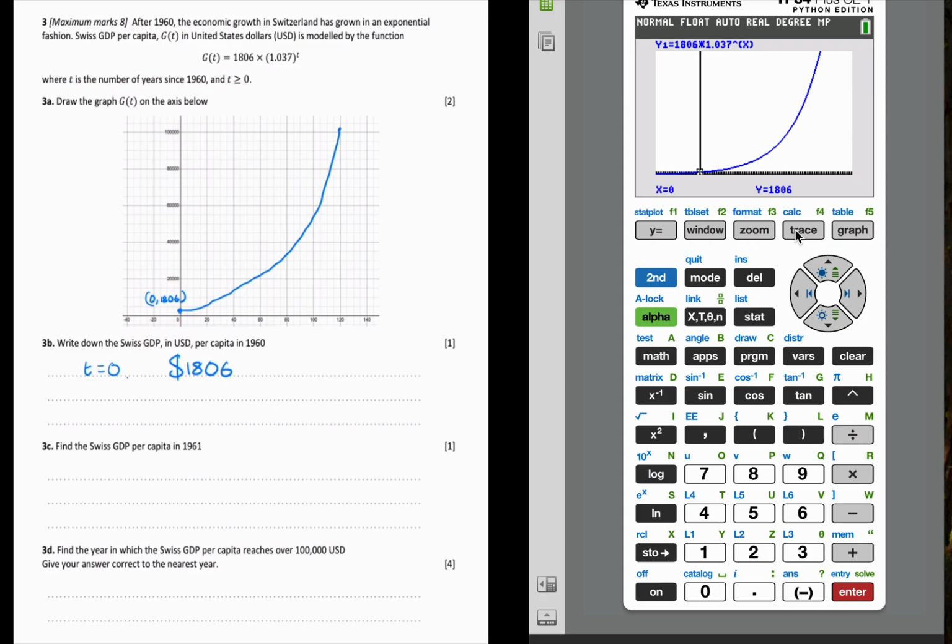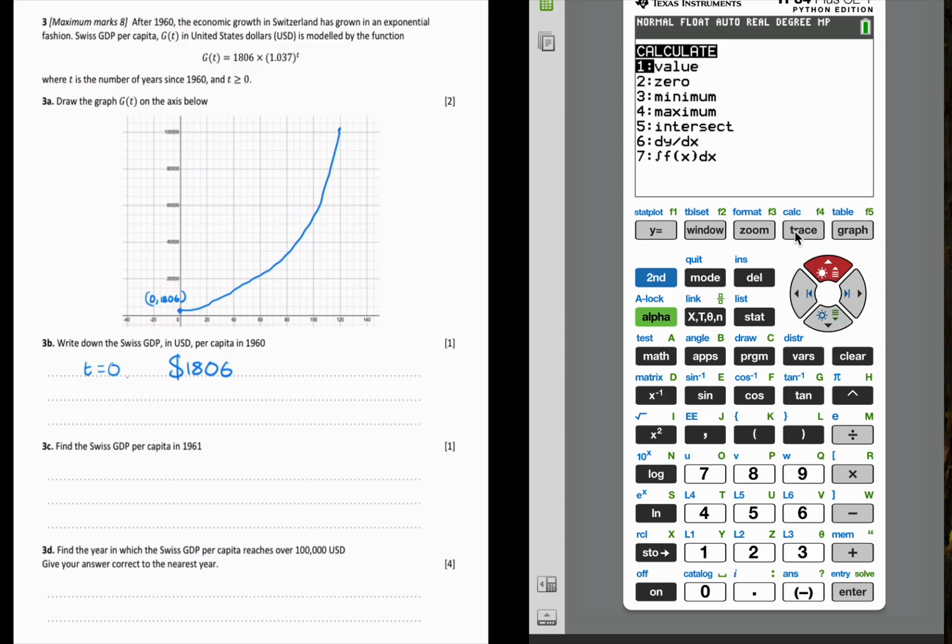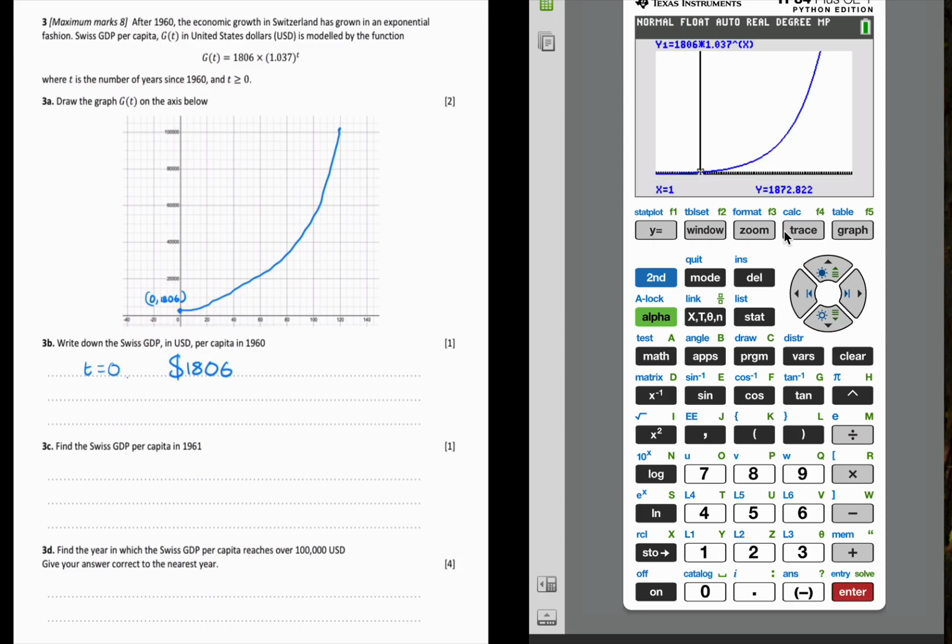And then for the next part, it asks us for the GDP in 1961. So that's when x is 1. So again, I can just find the value when x is 1, and it's 1,872.80. Now we should always leave any numerical money value, any currency, to 2 decimal places.